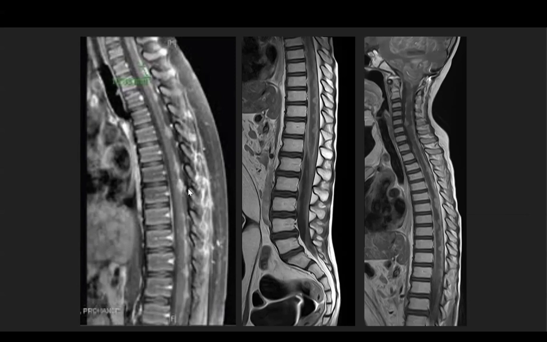The second image is T1 post contrast. Okay, and T1 with contrast, and there is also a nodular lesion in the dorsal lumbar spine.